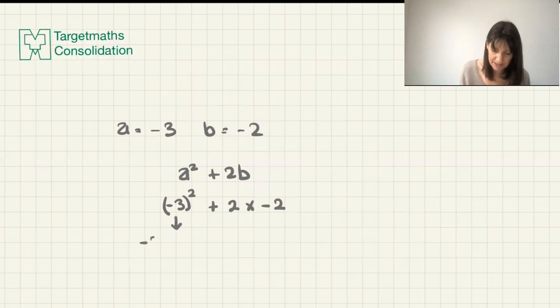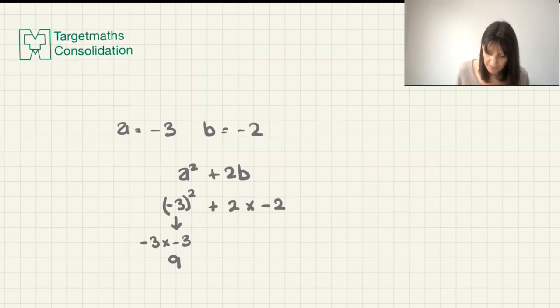Here I've got minus 3 times minus 3. That's going to give me 9, a positive 9. And remember, always do your workings out underneath so it stays in the position it needs to be in. This is at the very beginning of this piece of maths. It needs to stay at the very beginning of this piece of maths.